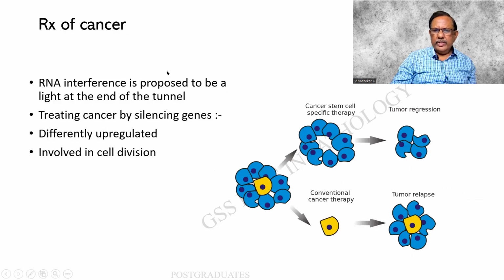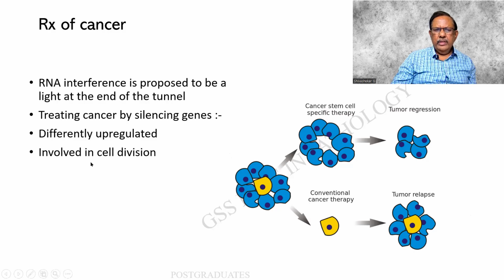In cancer, see what is happening over here. So you are giving a cancer treatment. There is a conventional treatment for a malignancy. The cancer cell gets affected, but the tumor can relapse. It again comes back. Whereas in this case, it is quoted that it is more efficient. There need not be a relapse, at least hypothetically.